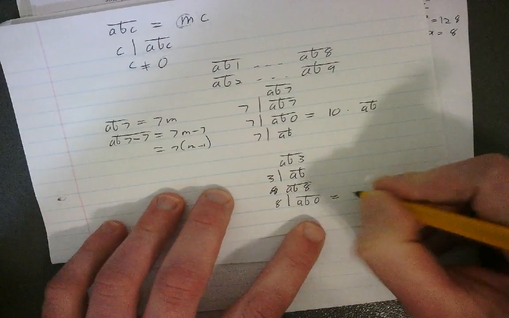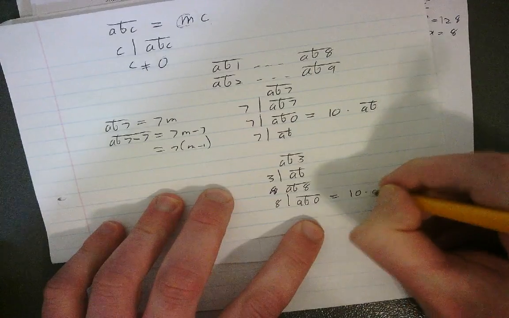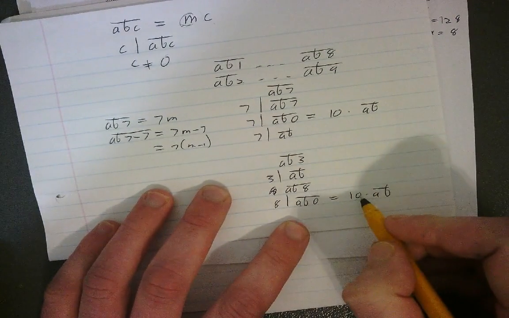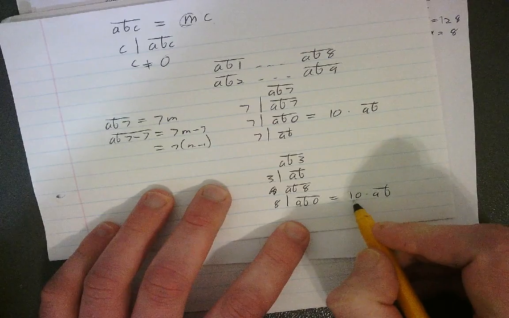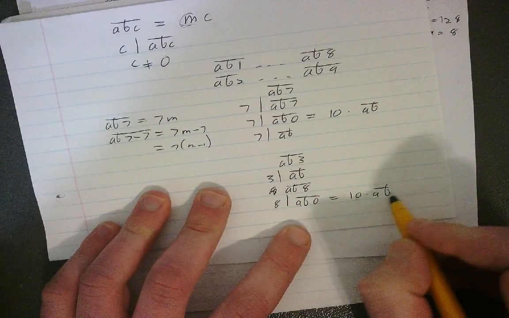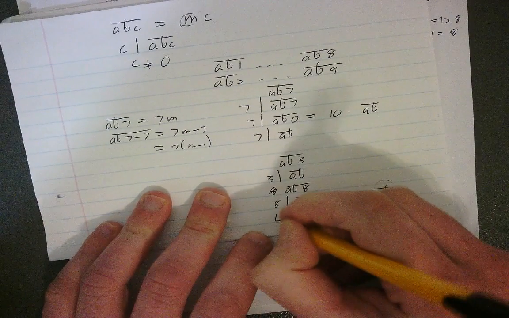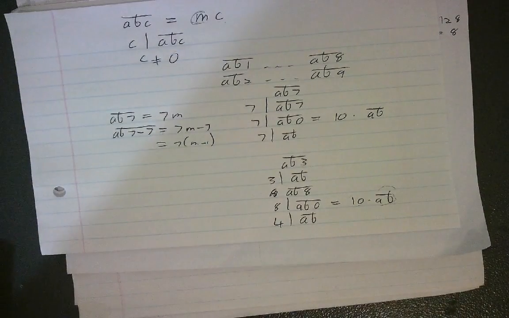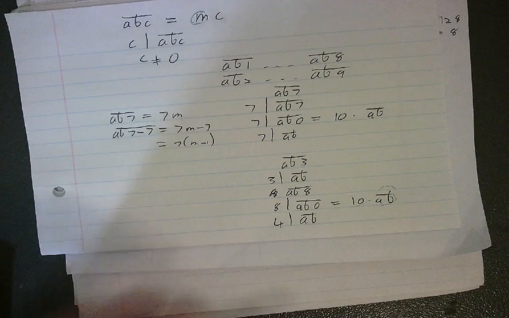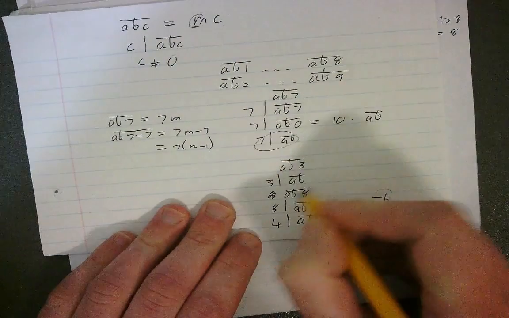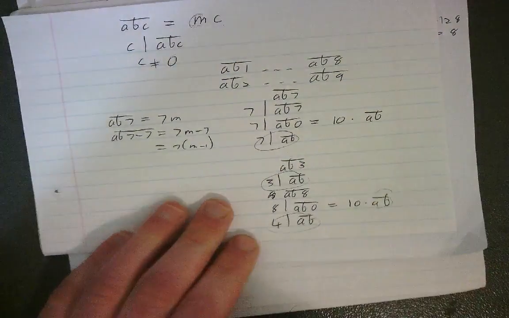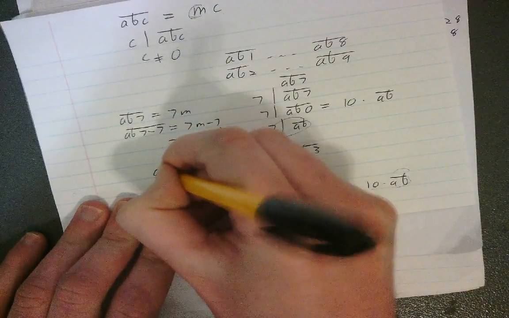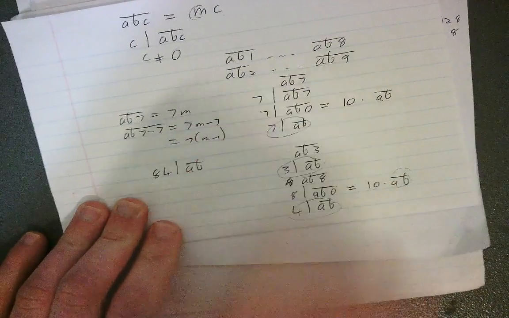This over here is just equal to 10 times AB. This has one factor of 2 in it. That means the other 2 factors of 2 must be in this one. So we'll get 4 must divide into AB. And if we combine these statements, we get that 84 must divide into AB.